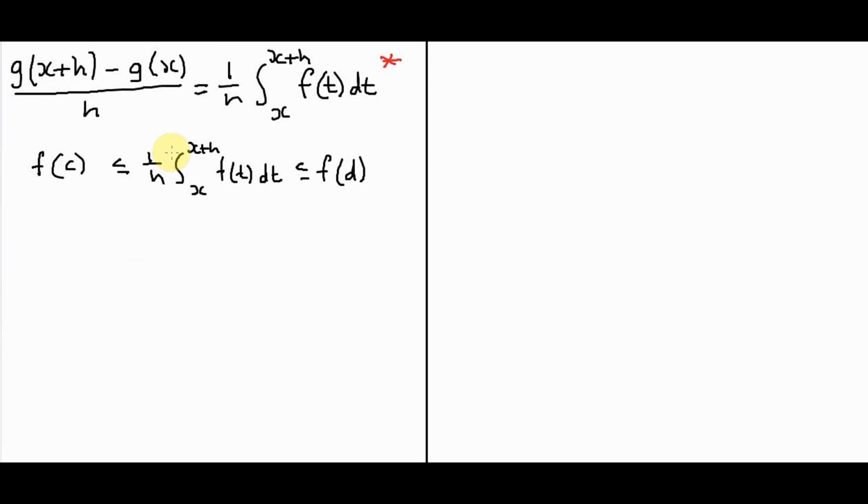Now recall our asterisk equation from earlier, and we've just proved this sandwich inequality. So we can replace the middle part of the sandwich inequality with g of x plus h minus g of x all over h.